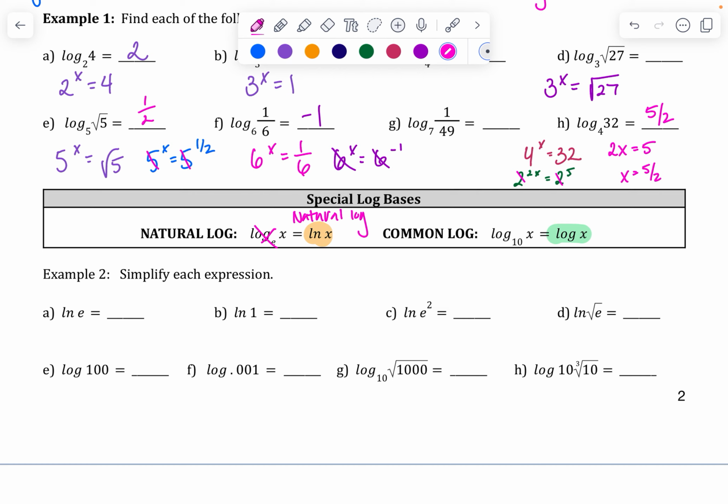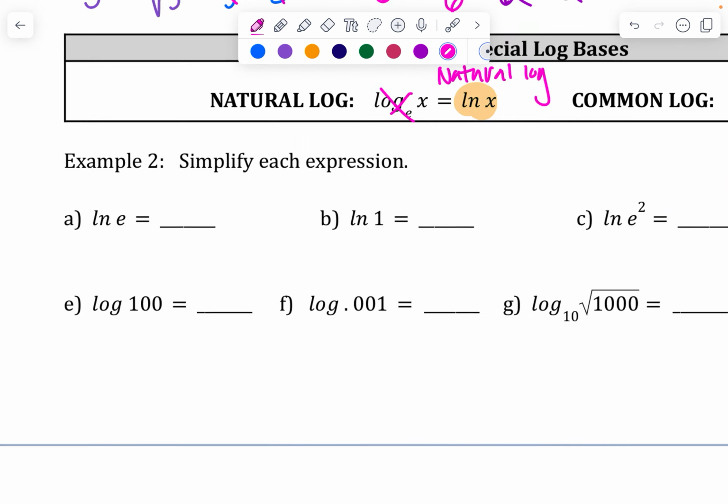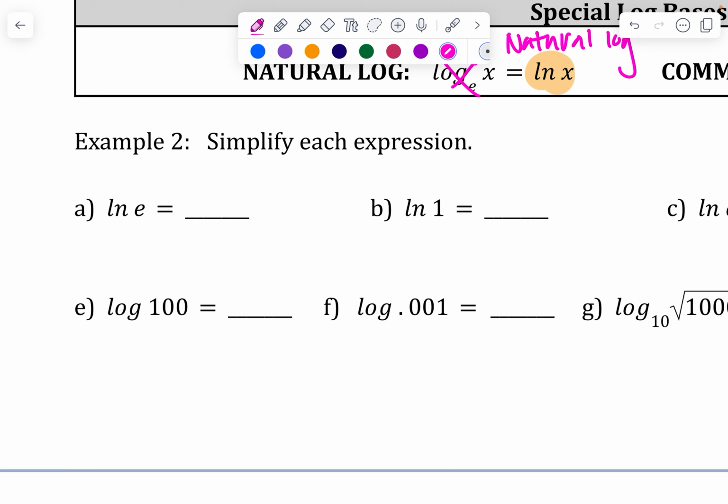So example 2, we have to simplify each expression. We are in exponential form, maybe some logs as well, but let's just evaluate each one of these. Part A, we have the natural log of e. I like to put in a little sneaky e, and then I'm going to think about it in terms of our exponential.